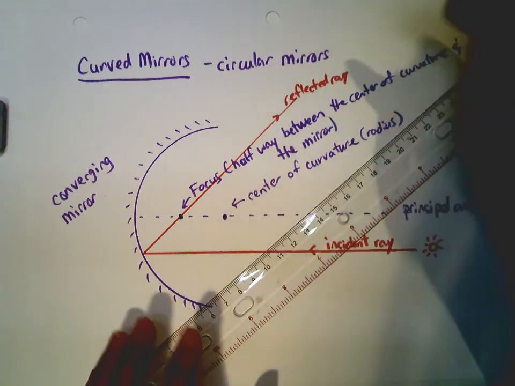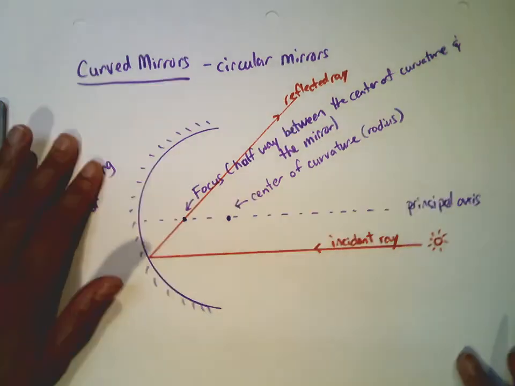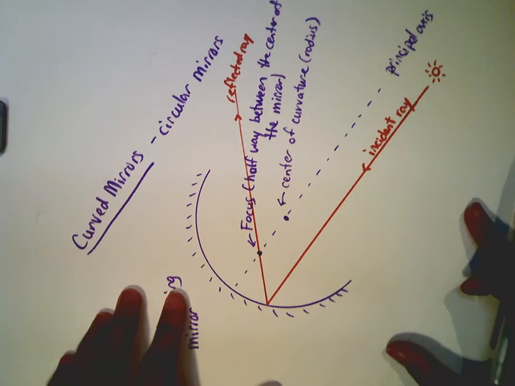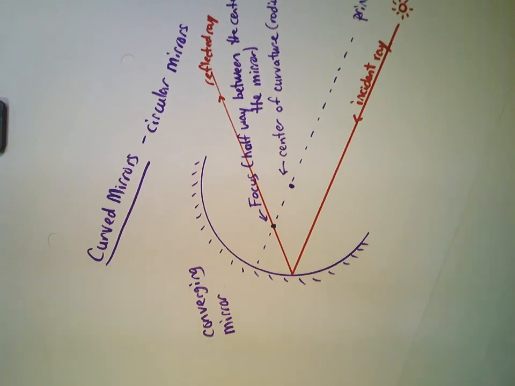Now, how am I so sure? Well, let's double check to see if the angle of incidence equals the angle of reflection. So I'm going to rotate this so it's easier for you to visualize. Remember, we have to draw the normal.